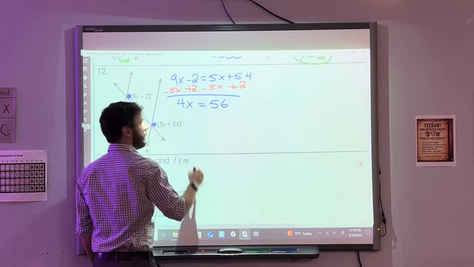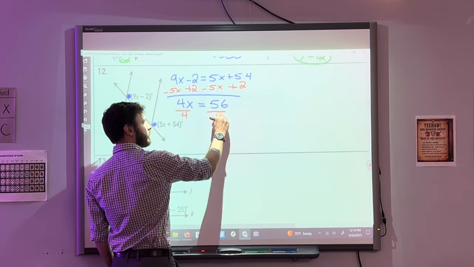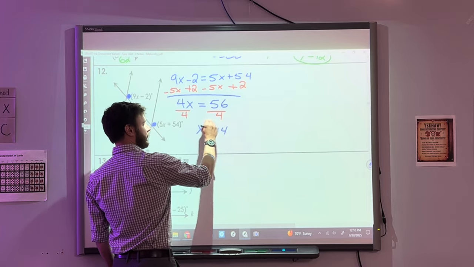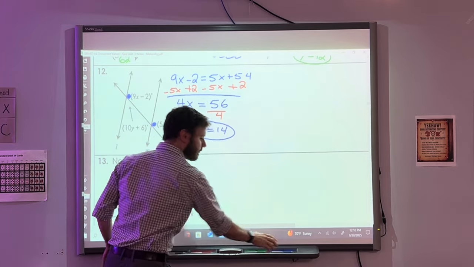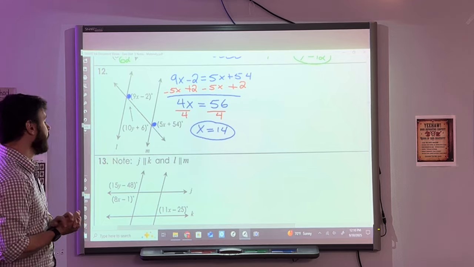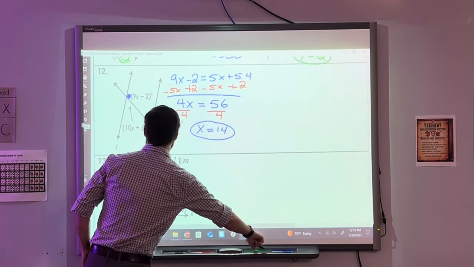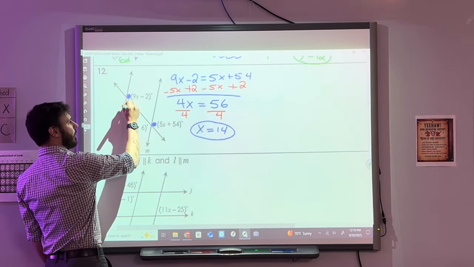Okay. And now divide. All right, so x is 14. How does that help us solve the y? So the y is in this corner here.